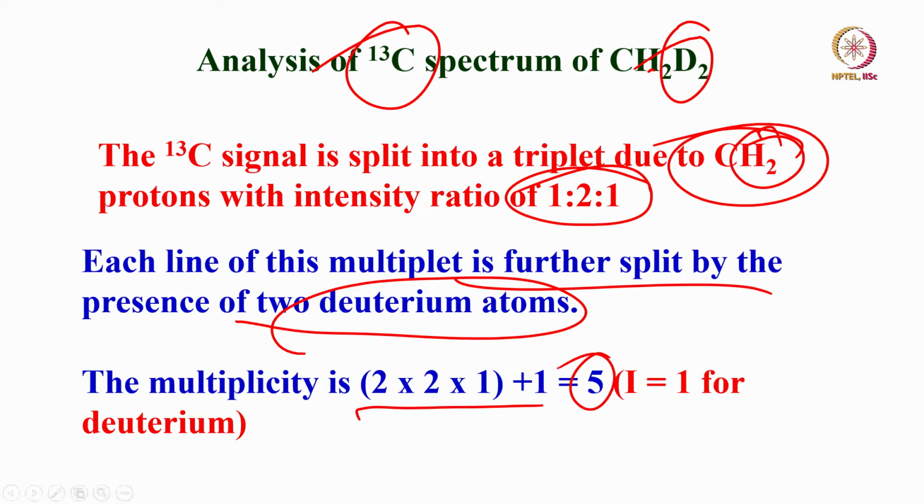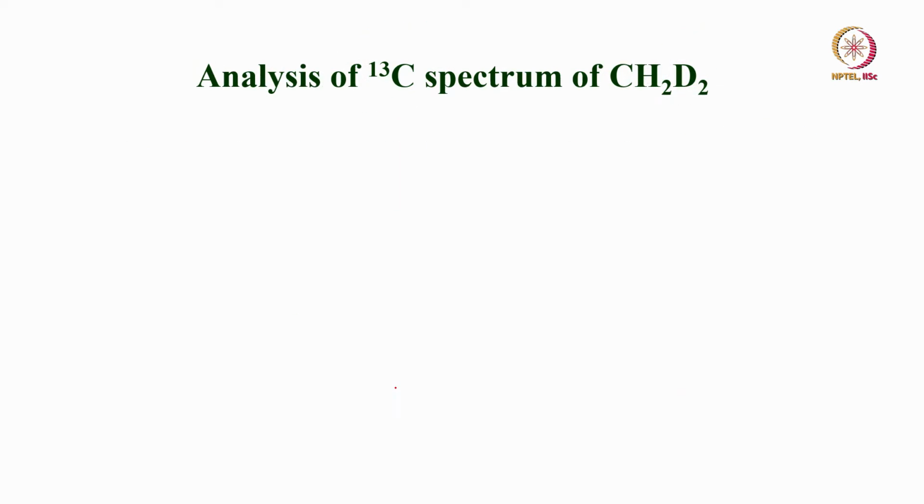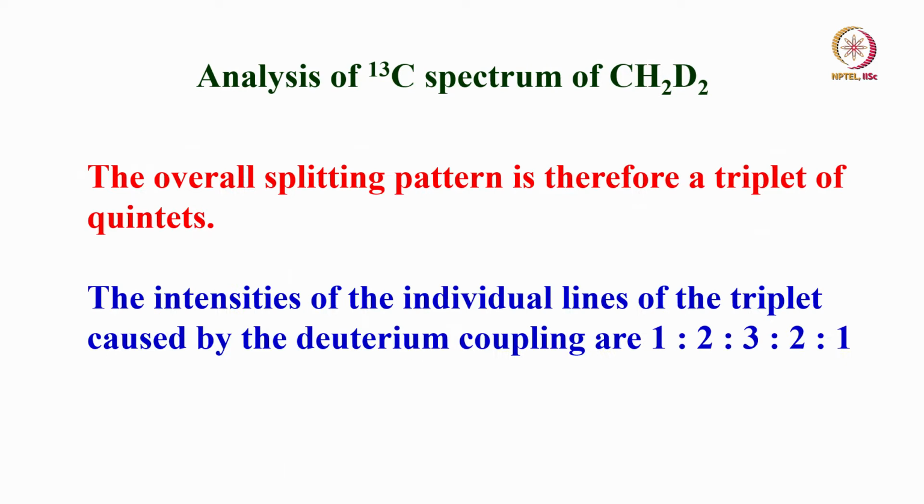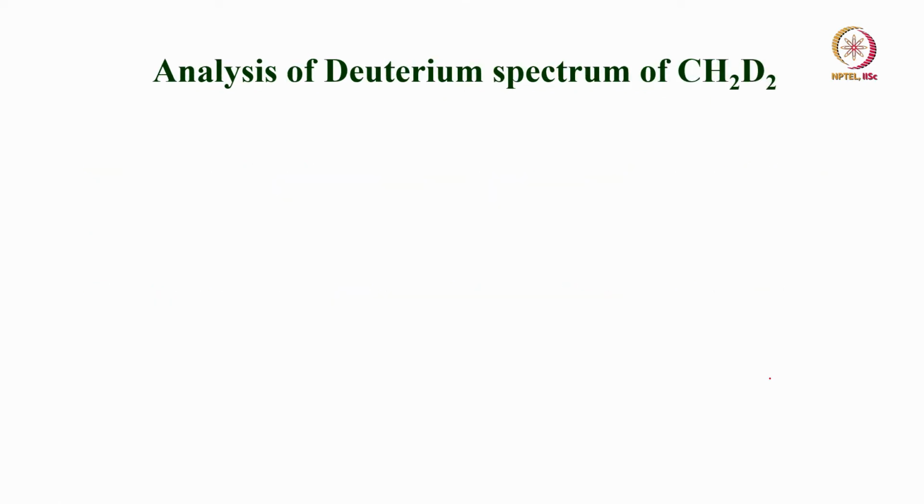So each line of the triplet of carbon-13 is going to be a pentet with intensity pattern 1, 2, 3, 2, 1. So we get a triplet with each line being a pentet like this.